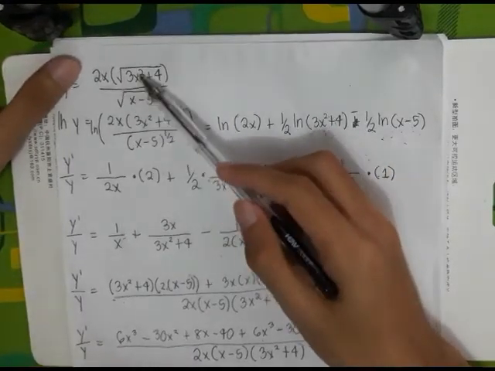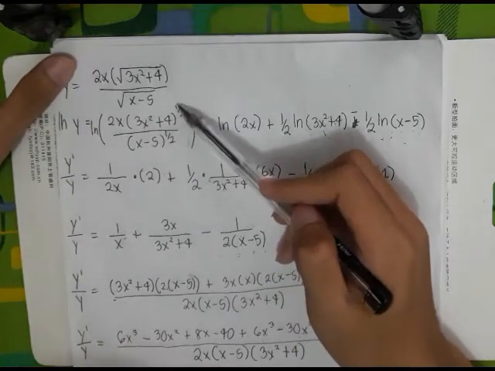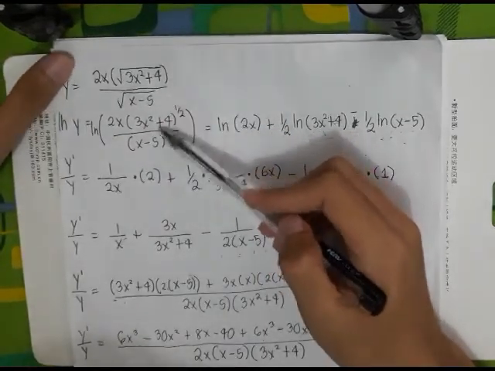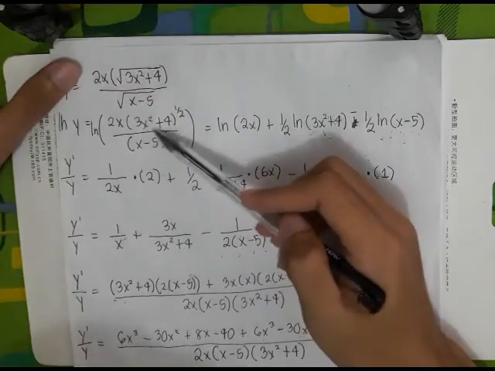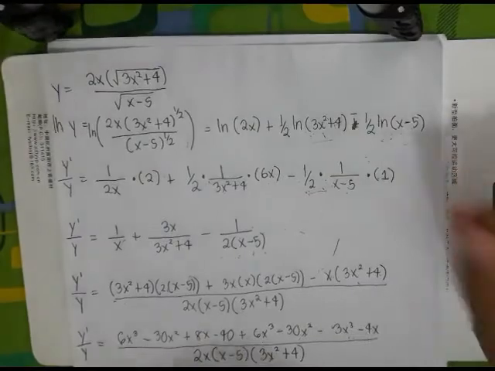Before, it was the square root of 3x squared plus 4; it becomes 3x squared plus 4 to the power 1 half. The same goes for the denominator, the square root of x minus 5, which becomes x minus 5 to the power of 1 half.